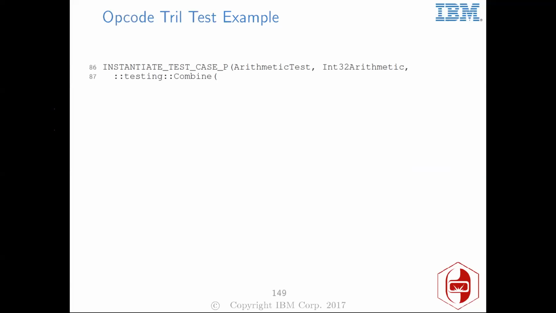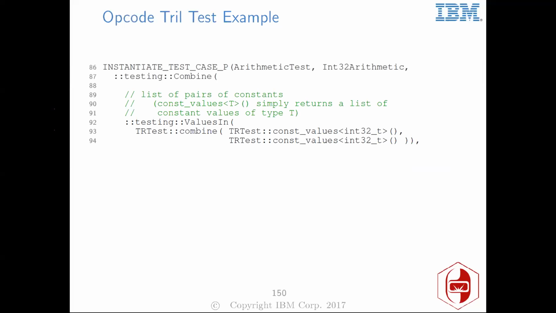But without leaving too many things to the imagination, this is how we have to instantiate the test. We're going to use Google's combine function. And the first thing we are going to give the combine function is a list of input values generated from my implementation of combine, which is simply going to generate sets of pairs for us from two input lists.